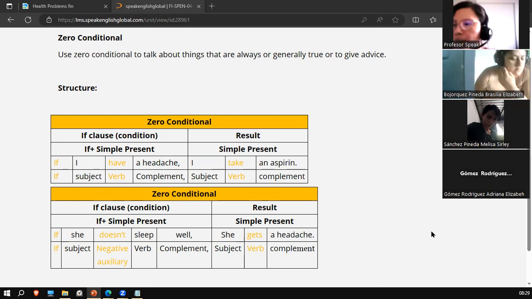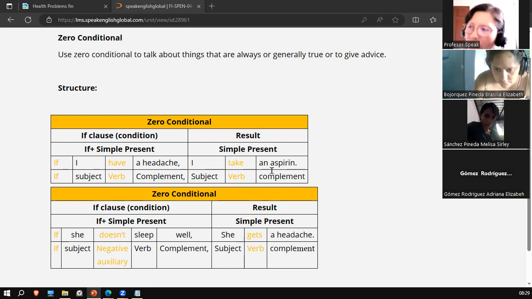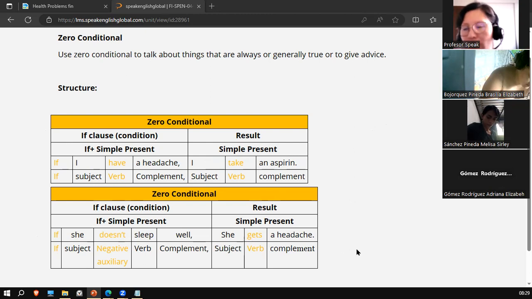Now, this is what I do, ¿verdad? This is what I do when I have a headache. If I have a headache, I take an aspirin. Vaya, ahora bien, si yo quiero hablar de una situación también, o si quiero dar un consejo sobre una situación, también uso zero conditional. If she doesn't sleep well, she gets a headache.